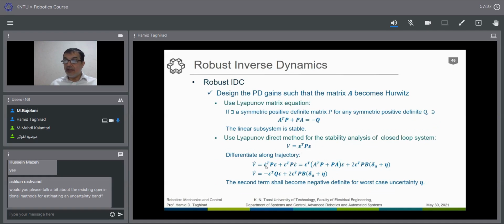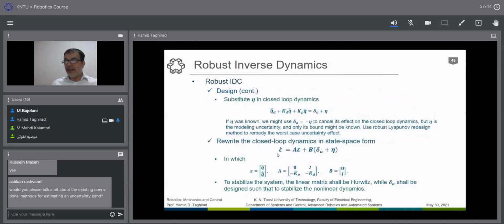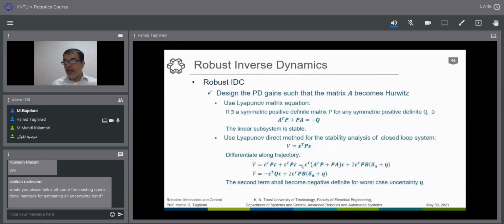Differentiation of that becomes epsilon dot transpose P epsilon plus epsilon transpose P epsilon dot. We have both P's. Since P is constant, we have two terms. And then we know that epsilon dot, as you see here, is equal to A epsilon plus B something.